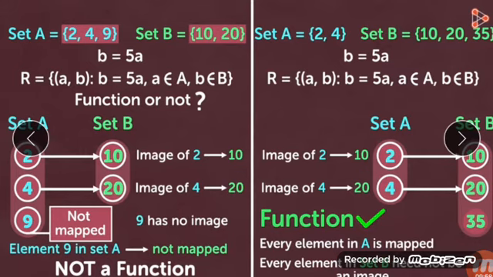Moreover, there is no element in set A which is left out without any image. So this example is fulfilling both the conditions of a relation to be a function, so this is a function. However, we can see that one element in set B is not the image of any element of set A. But it doesn't matter because every element in set B need not be an image of any element of set A.